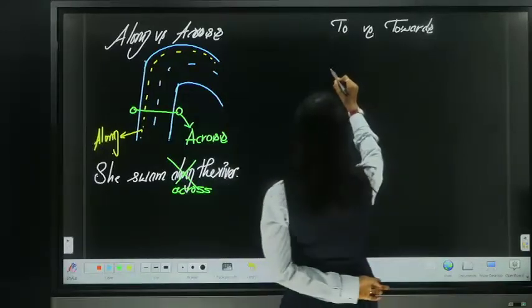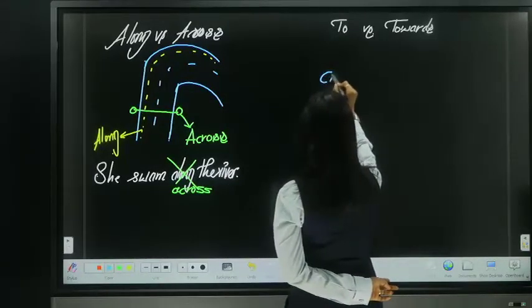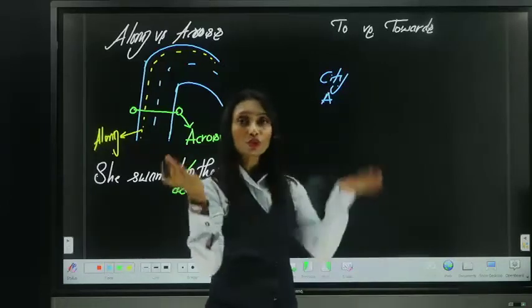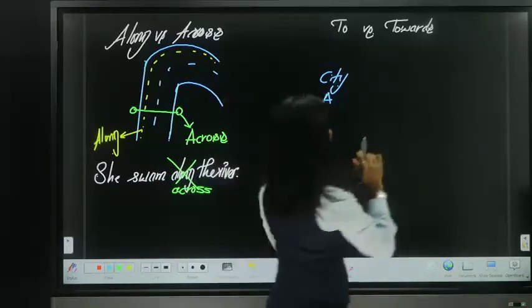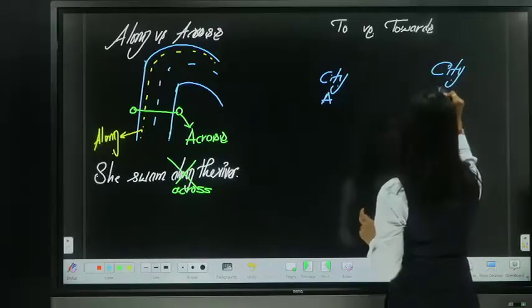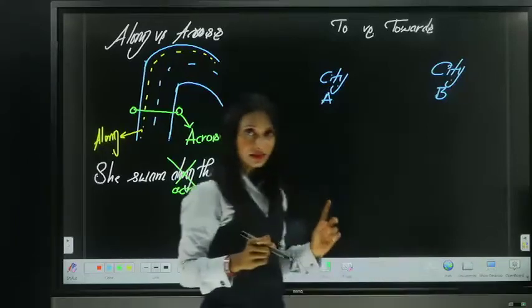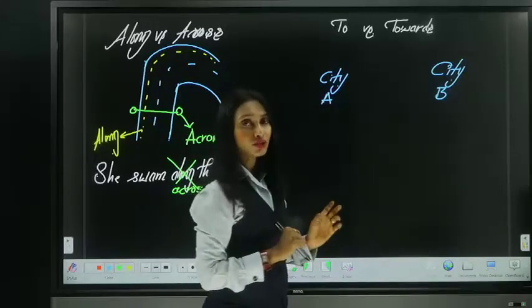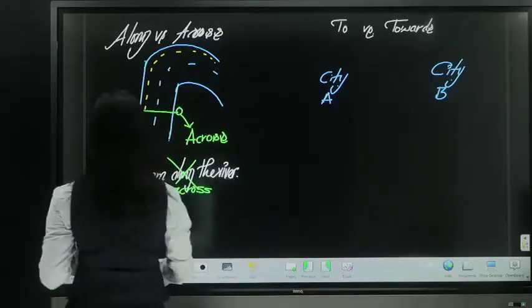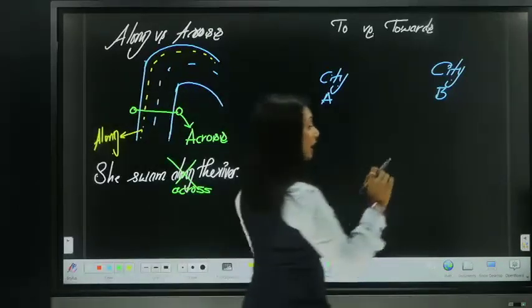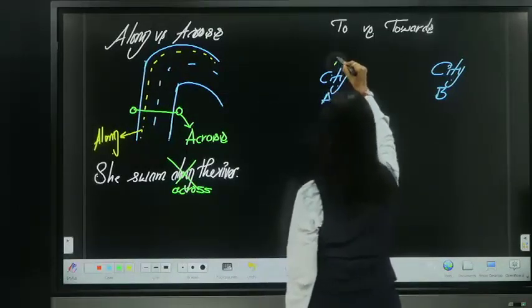Let us think we are in city A, whatever the city or state you are living in. Take two cities in your state, city A and city B. Now, you want to go to city B from city A, and there are different ways of going.